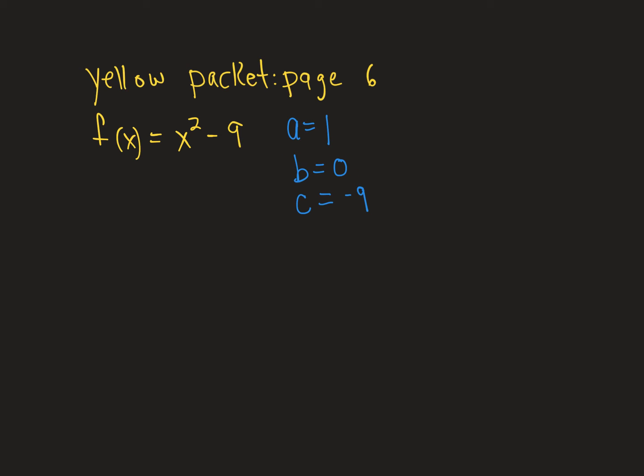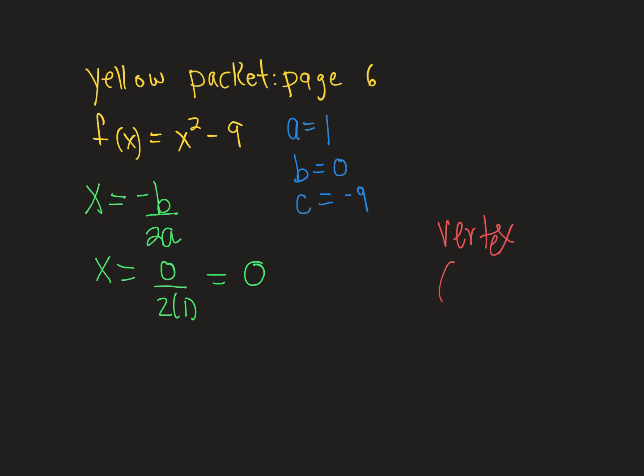Okay. If we then go, we use our formula. The x value of the vertex is equal to the opposite of b divided by 2 times a. What happens here is that when we go to put in the opposite of b, that's 0. And we know that 0 divided by anything is going to give us 0. And so now we know that the x-coordinate of the vertex is 0. And if we want to find out the y-coordinate of the vertex, we go to our original equation.